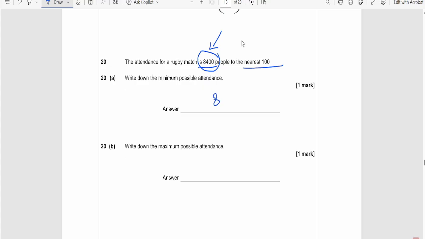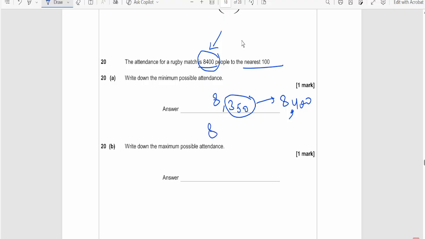So if I write here 8350, as I just told you, if it is 350, because it comes exactly between 300 and 400, this number is rounded up. You will get 8400 if you round it to the nearest 100.